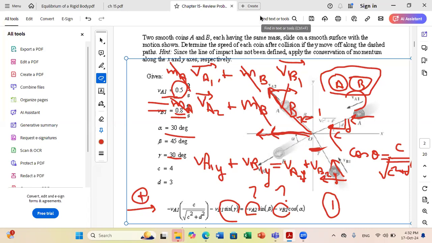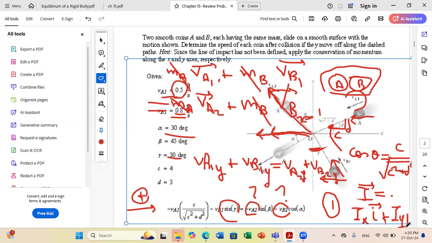You have a much easier way. Look, what is the definition of the line of impact? Isn't it a line along which we have the impulse? Yes. So if I can find the impulse vector, it has two components, one in X, one in Y. So I have an impulse in X along I, and an impulse in Y along J. If I can calculate my impulse vector, I can say that this impulse vector is along the line of impact.